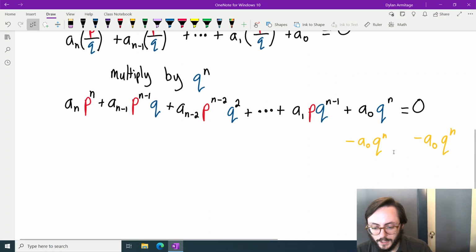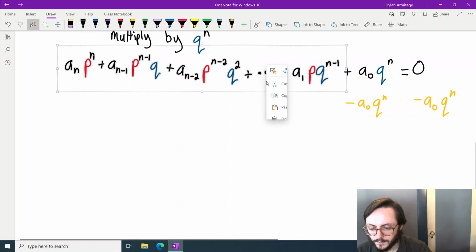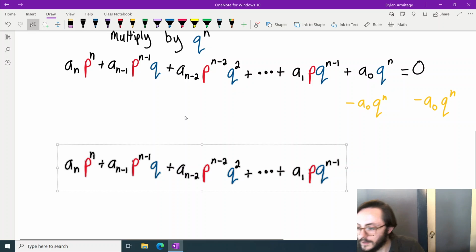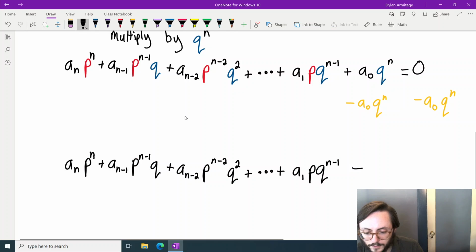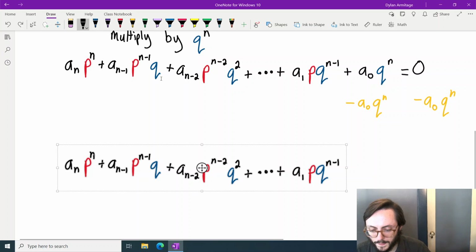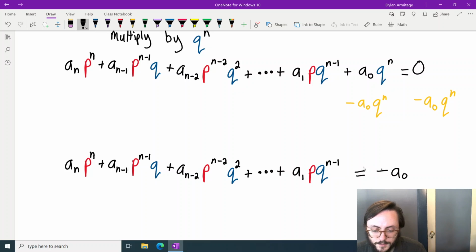So that would give us this expression here, which equals negative a sub 0 times q to the power of n.